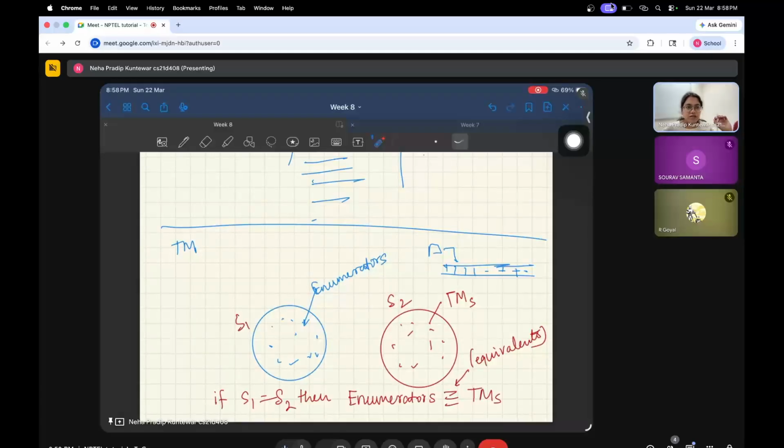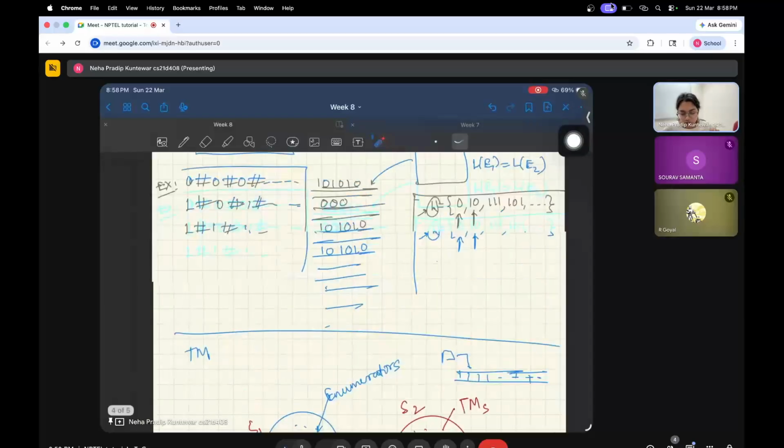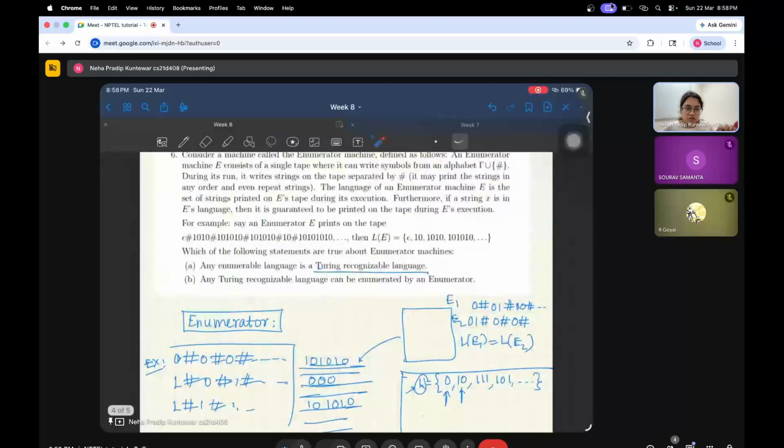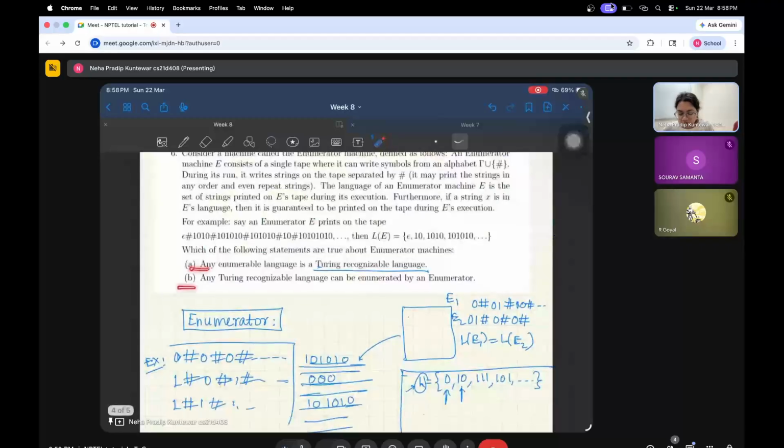So they are equivalent models. Now, is the question clear, part A and part B? It is basically asking to show that they are equivalent. Everything that an enumerator can compute can be computed by a Turing machine, and everything that a Turing machine can compute can be computed by an enumerator.